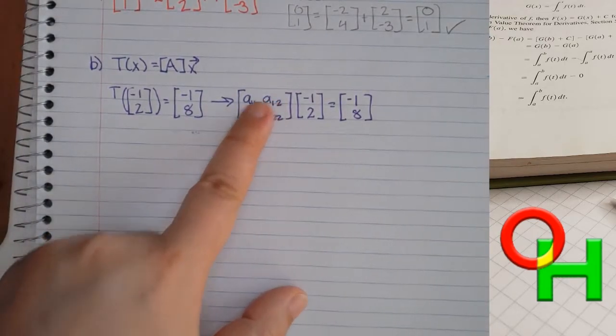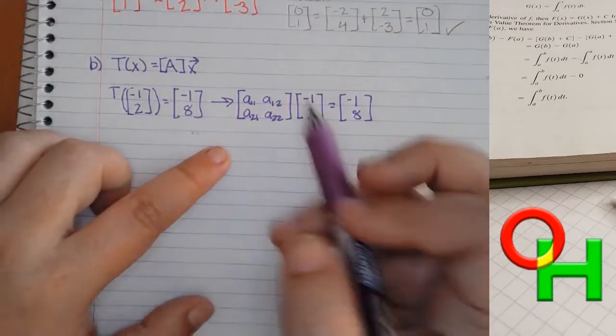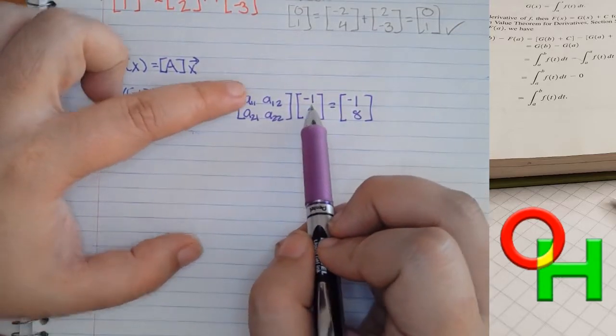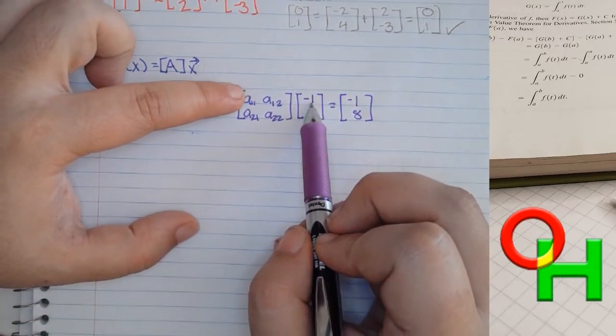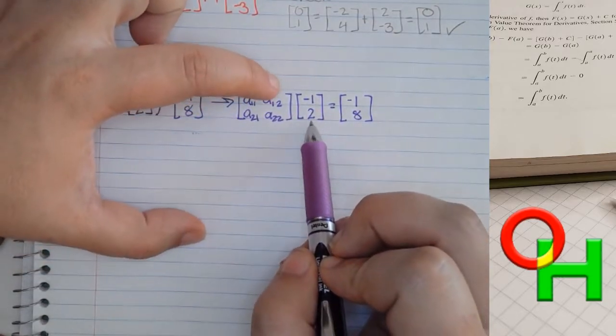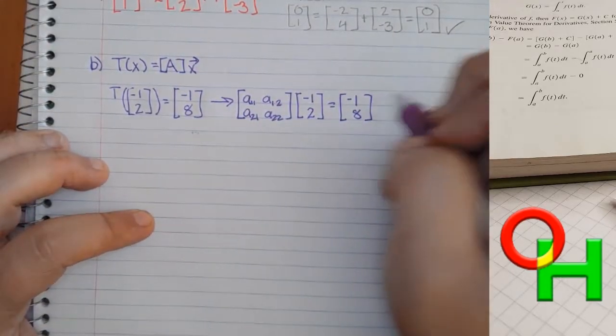Now, if I look here, this is 4 unknowns. And if I do this multiplication, I'm only going to get 2 equations, which is not enough. But let's look at what this multiplication would entail. To multiply, you do a11 times x1 plus a12 times x2.